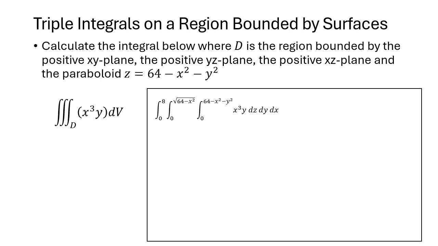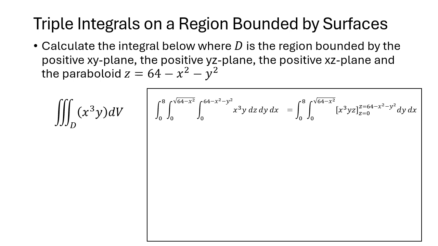We also note that this function does not have z in it. For that reason, when we take the antiderivative of x cubed y dz, we end up with x cubed times y times z, which is then evaluated between z equals 0 and z equals 64 minus x squared minus y squared.